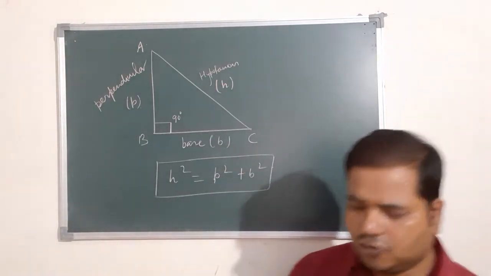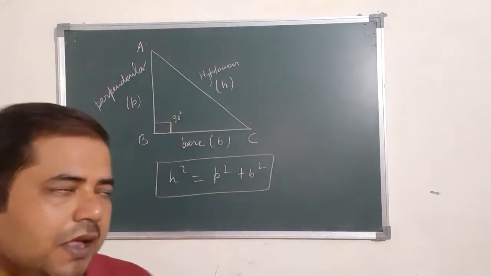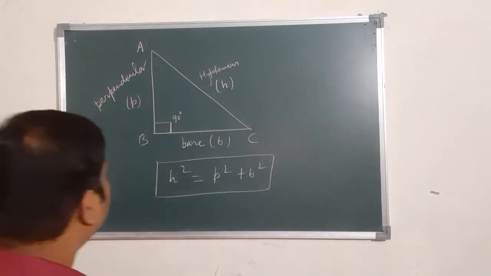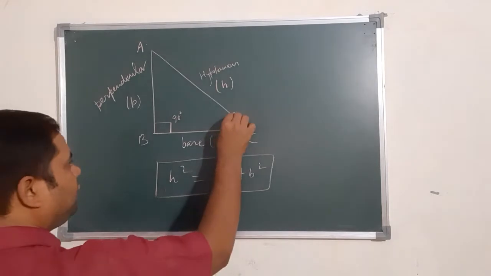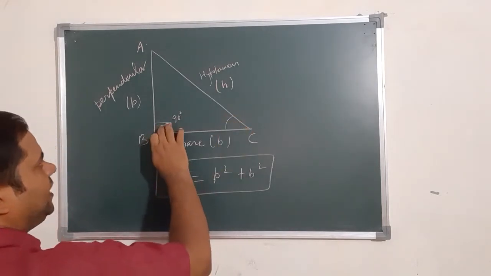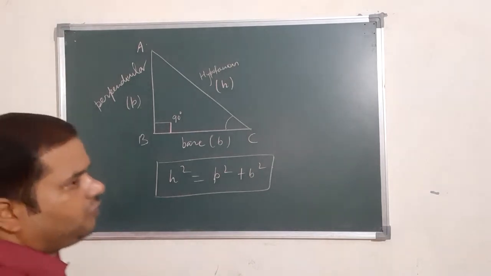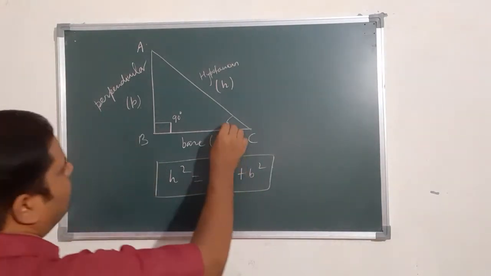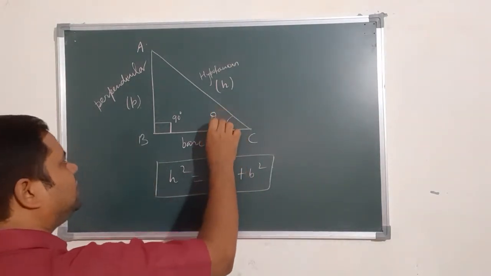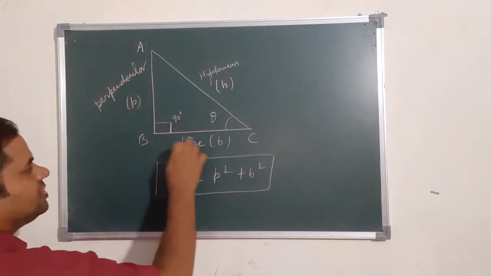And one more thing is there. If we consider an acute angle, then the side opposite to the 90 degree is known as the hypotenuse. Always this is fixed. But if you consider angle theta, then this is perpendicular and this is base.